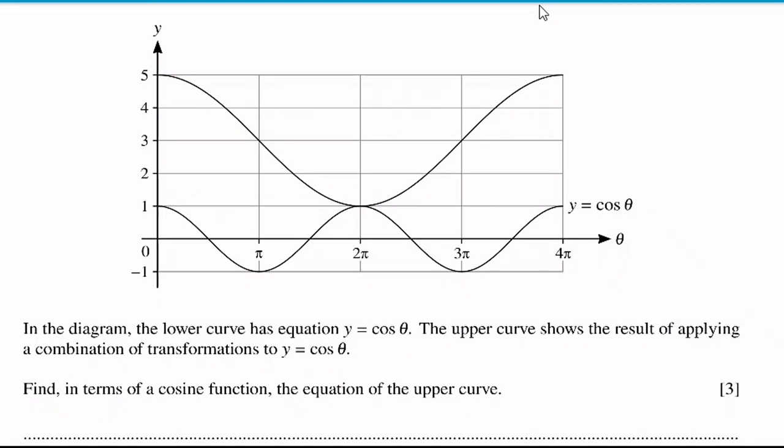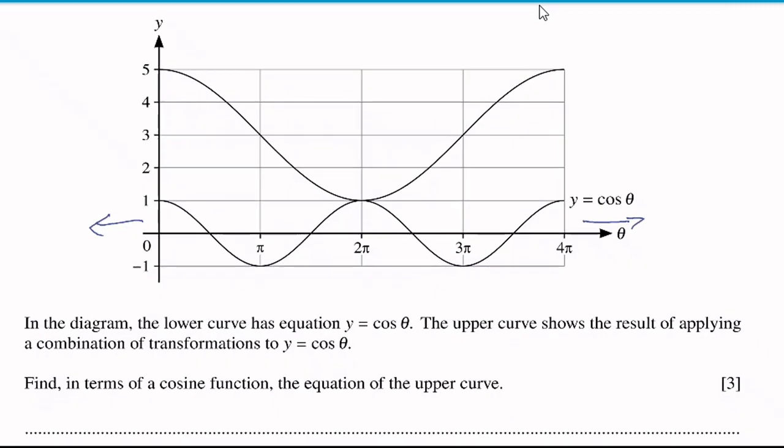So we actually use a little bit of the idea of transformation from there. Observe a few things. One is that the cycle actually changes. From 2 pi for 1 cycle, now it becomes 2 pi for half a cycle. In other words, this graph is being stretched by a factor of 2.